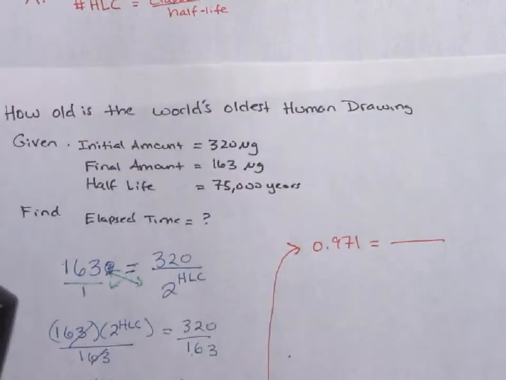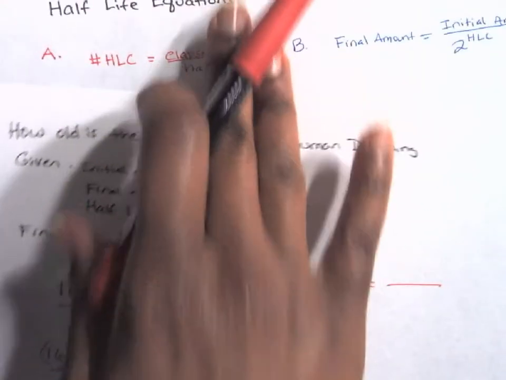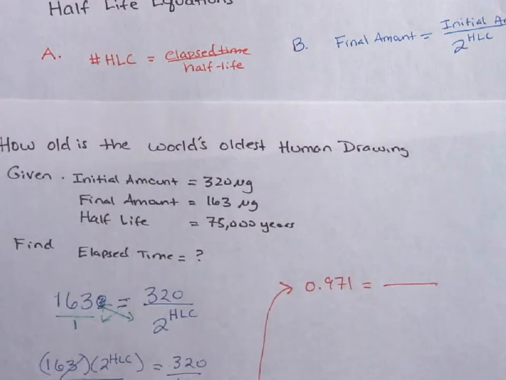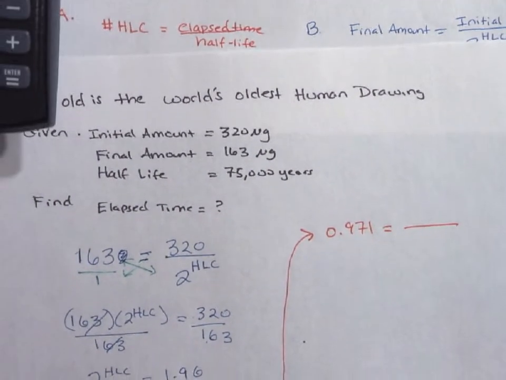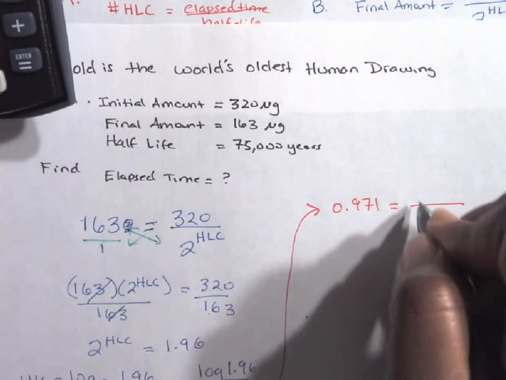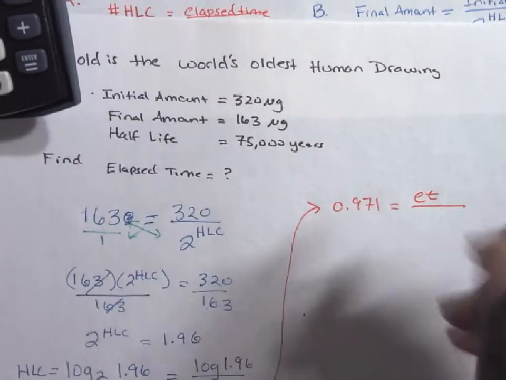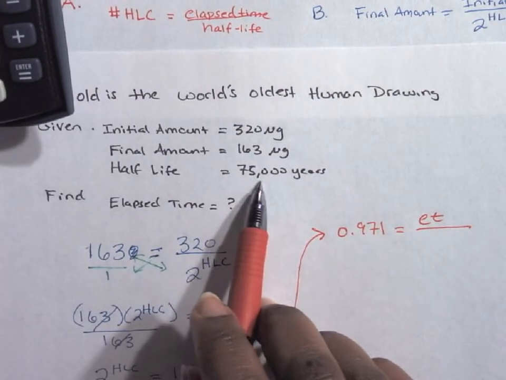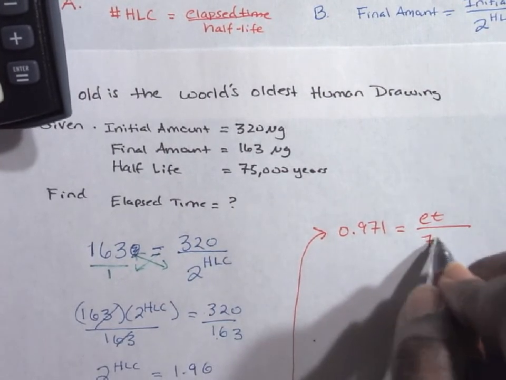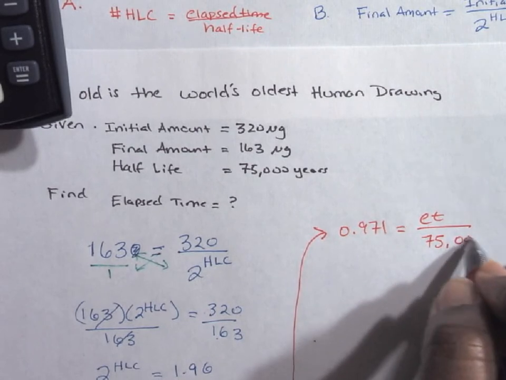So my HLC is equal to my elapsed time over half-life. My elapsed time is what I'm asked to find. And my half-life, I'm given 75,000 years.